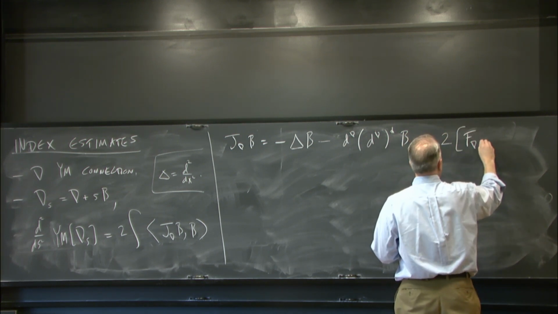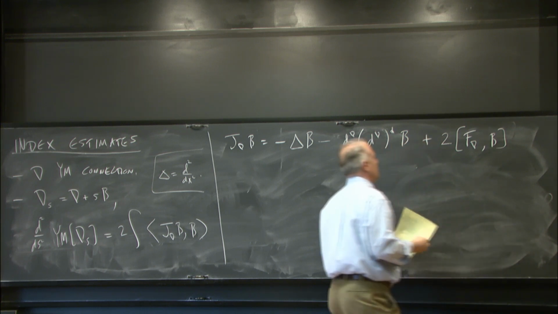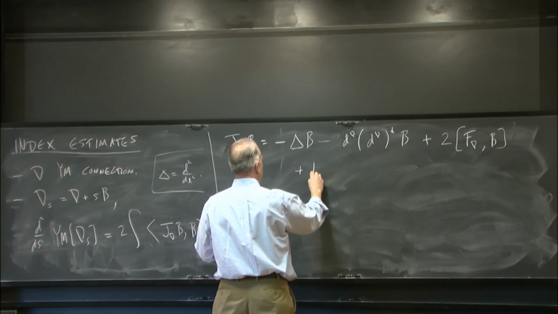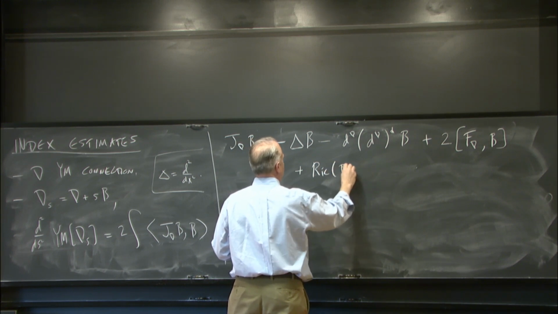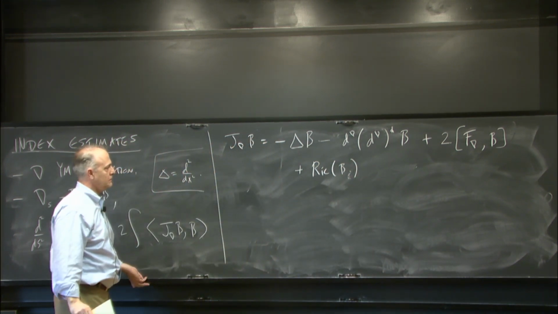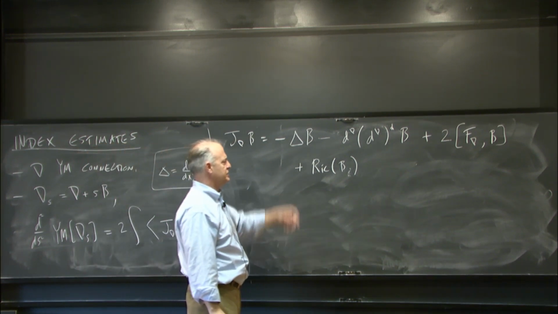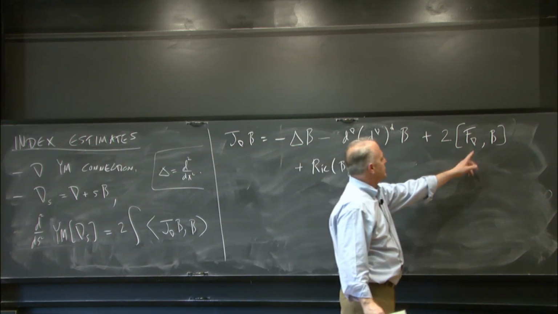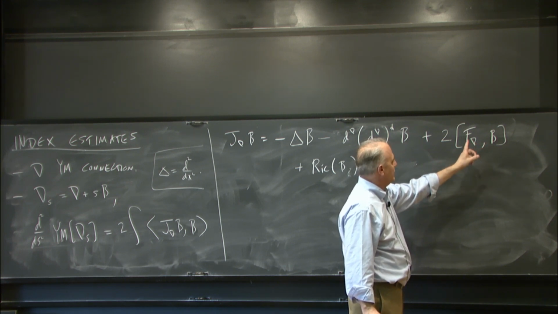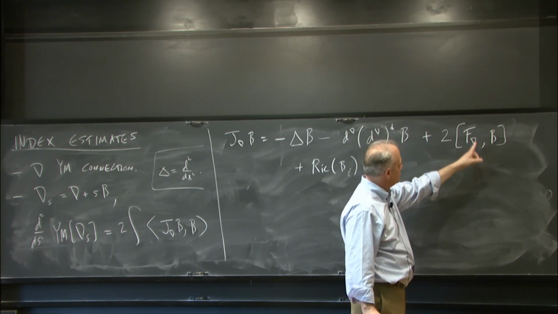I'll write it this way, and I'll say something in just a minute about this. And then a term involving the curvature of the base. Okay, so I'm using a lot of abbreviations here. So the bracket operation can be extended to a bracket operation on bundle valued 1 forms, and then 2 forms.